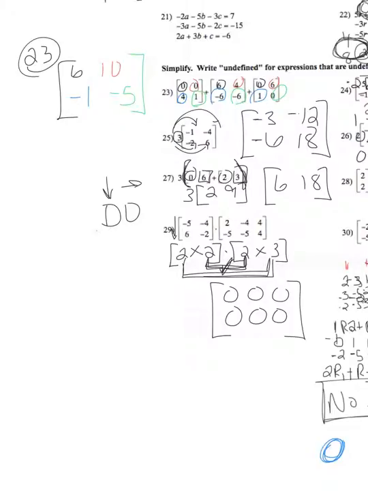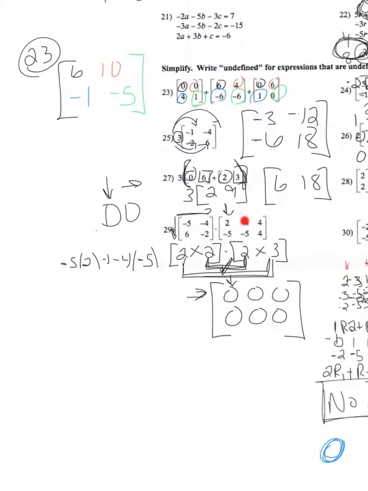All right, to get this spot right there, it's the first row across and it's the first column down. So we're going to take the first row across, those, and those. So it's -5 times 2, that's the -5 and the 2, plus the -4 times the -5.